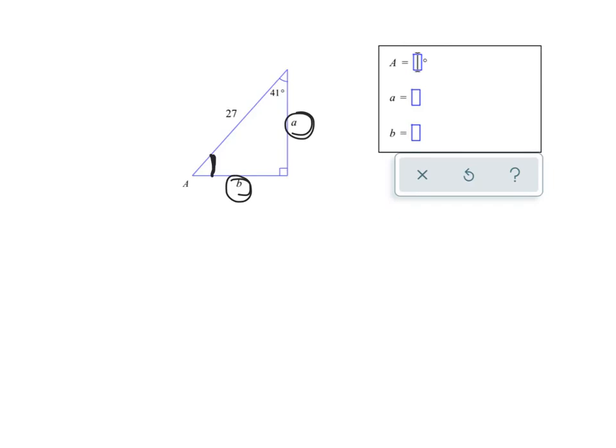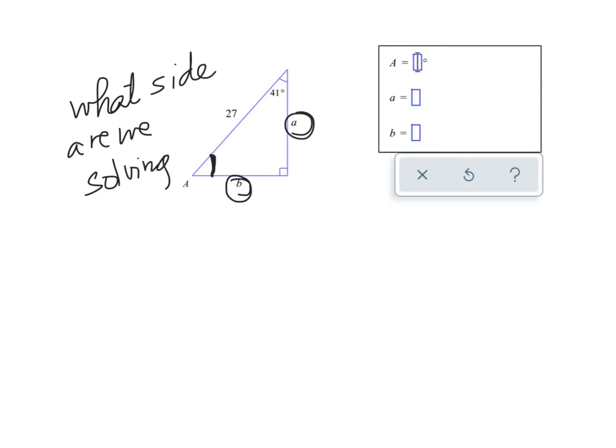So the way we would do this, we want to figure out what side are we solving for and what side are we given. So I want to solve for B first.